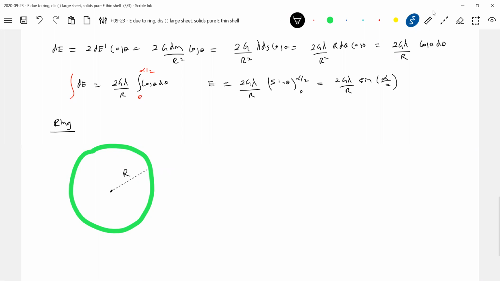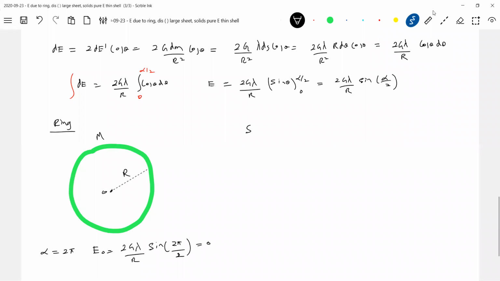Radius r, let mass be this. What is alpha? Alpha will become 2 pi. Substitute this at the center of the ring: 2g lambda by r sine 2 pi by 2. It will be 0. So we have already verified that.